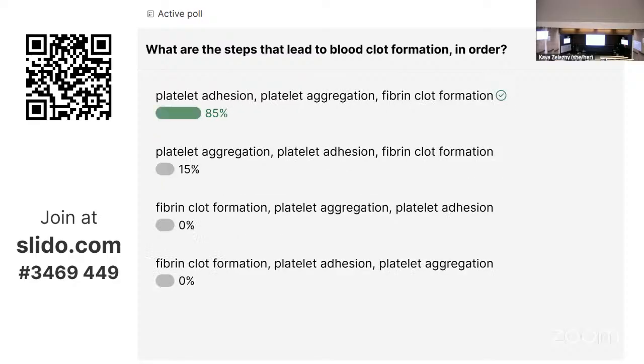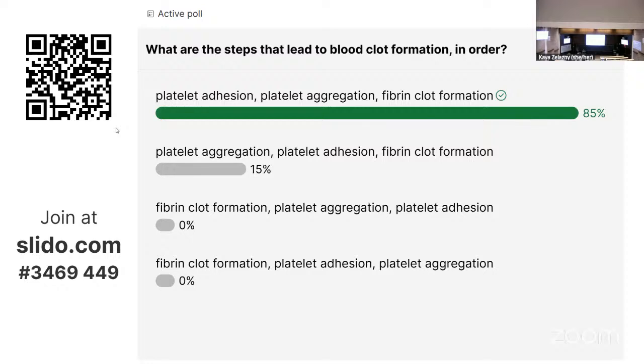Okay, let's take a look. We had our platelets adhering first, so platelet adhesion, sticking to the wall of the blood vessel. Then they aggregated, so they formed a big group. And then we got to the formation of the fibrin clot. Cool.